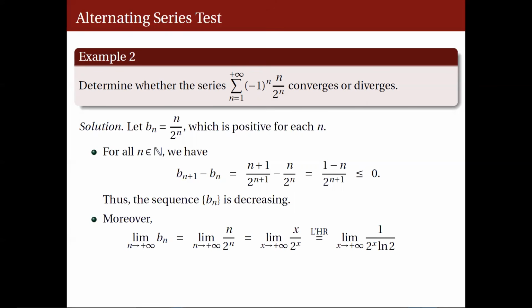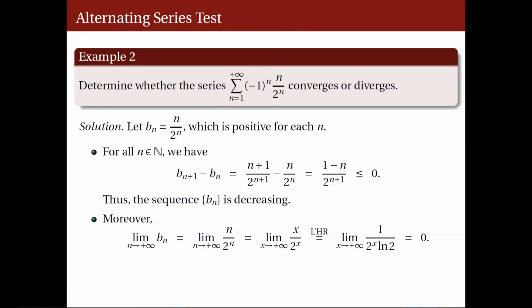Using L'Hopital's, we get the limit of 1 over 2 to the x times ln 2. And as x goes to infinity, papunta lang ito sa 0. Kaya by alternating series test, the summation n equals 1 to infinity of (-1)^n times n over 2 to the n converges.